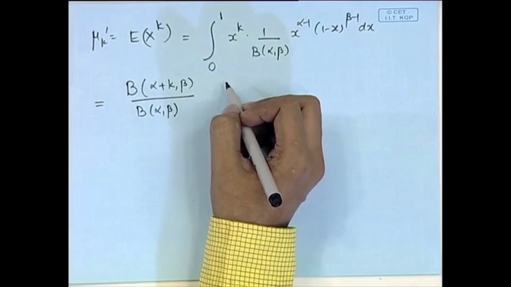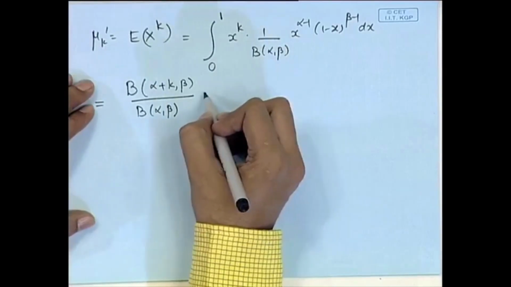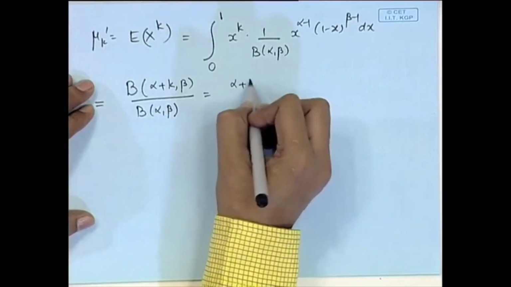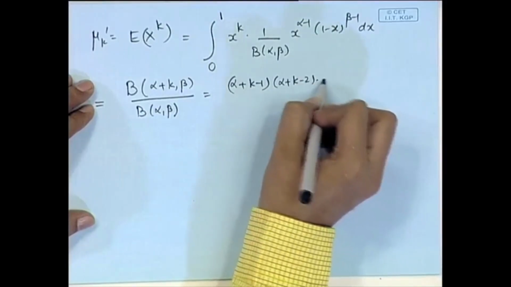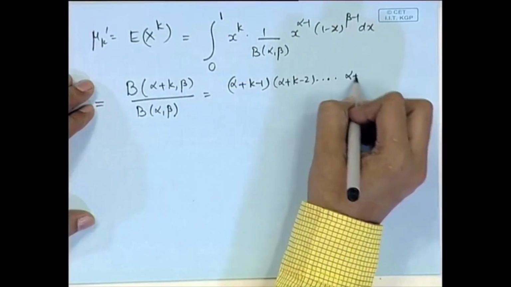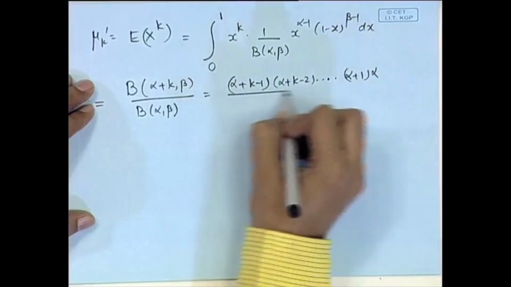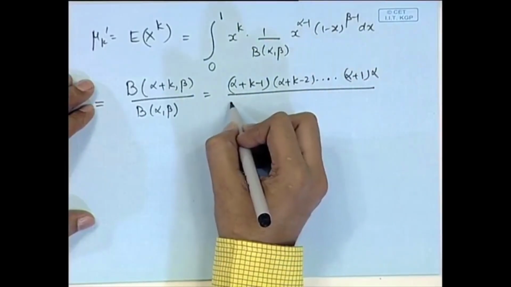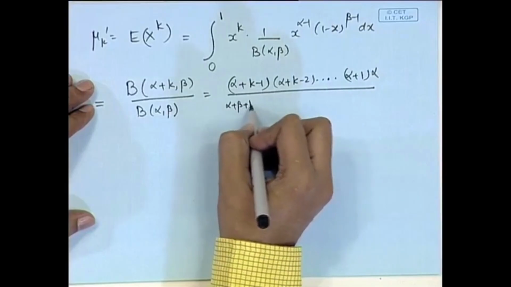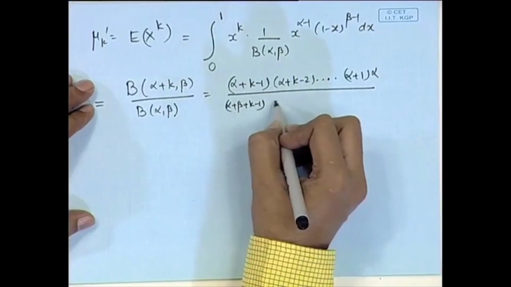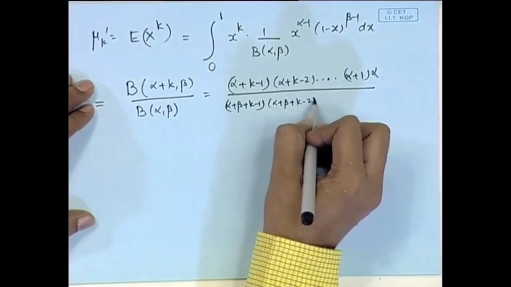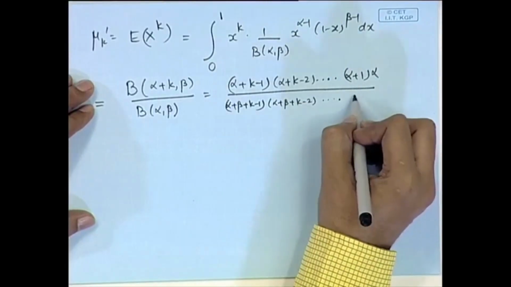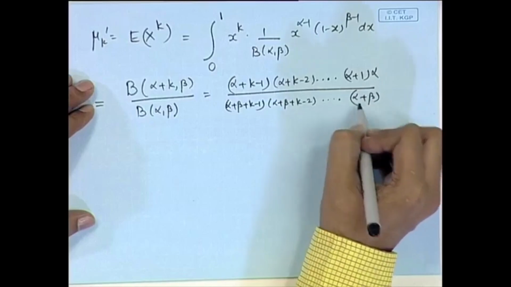This can be simplified and we get the expression as alpha plus k minus 1, alpha plus k minus 2 and so on up to alpha plus 1, alpha, divided by alpha plus beta plus k minus 1, alpha plus beta plus k minus 2 and so on up to alpha plus beta.